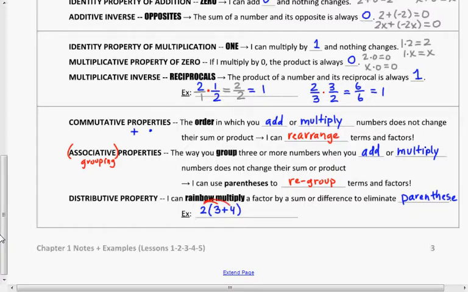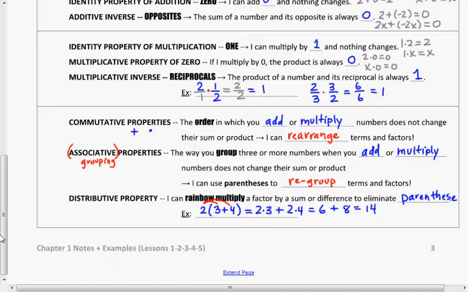But the distributive property says we can do this. We can distribute 2 times 3, and then distribute 2 times the 4. So we have 2 times 3 plus 2 times 4, which gives us 6 plus 8, which is still 14. The distributive property is this rainbow multiply property.